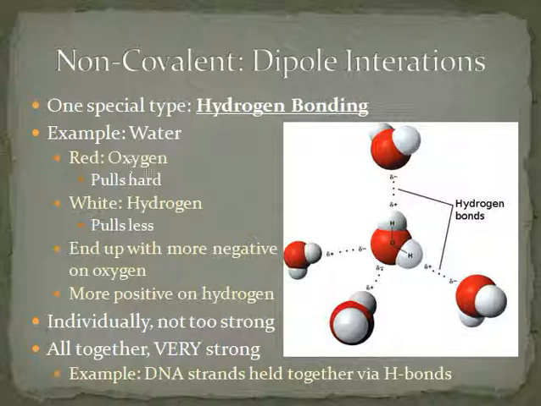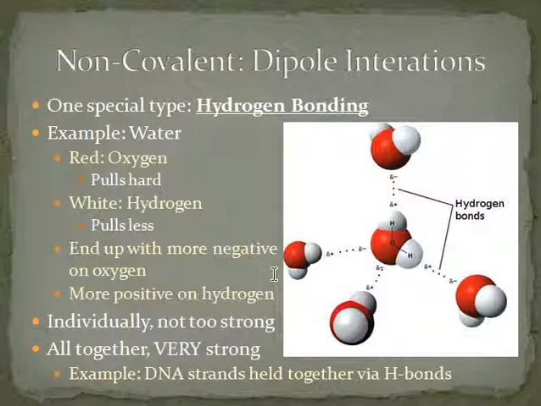You can see the red is oxygen, and it pulls pretty hard. And the white spots are hydrogen. They don't pull quite as hard. So you end up with more negative charge on the oxygen, represented by the little delta minuses, and you end up with slightly more positive on the hydrogen, where you see the little delta pluses.